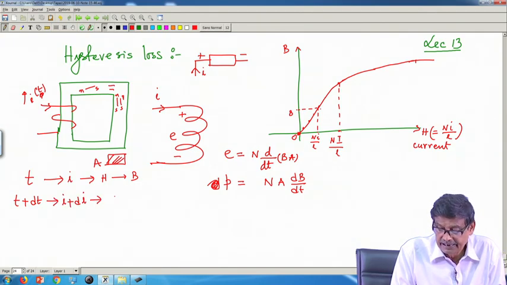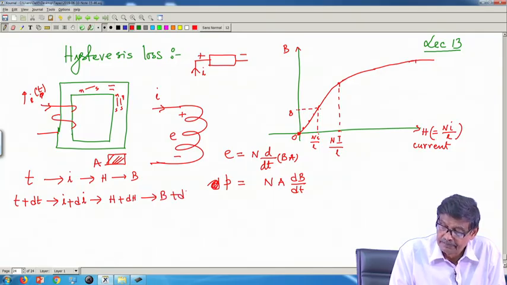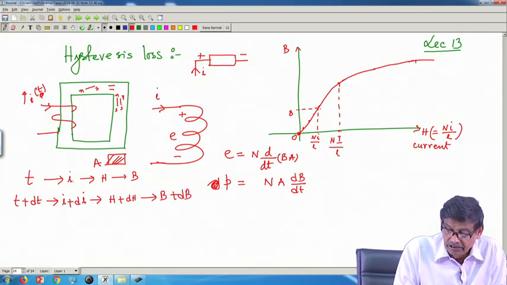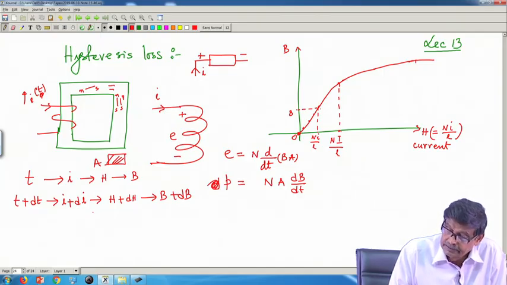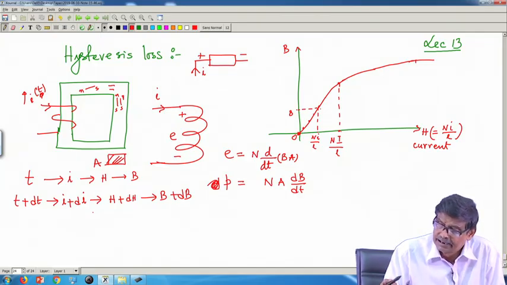So, H has increased from H to H plus dH and B has increased from B to B plus dB.